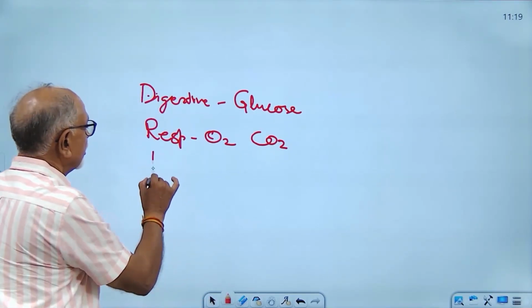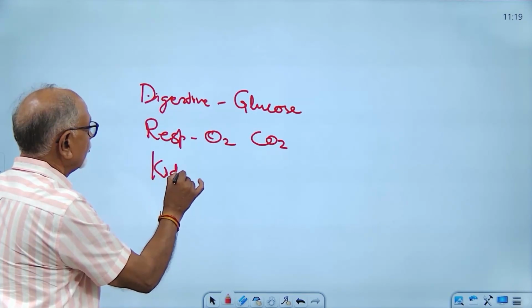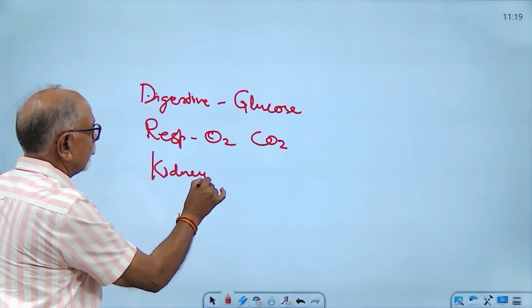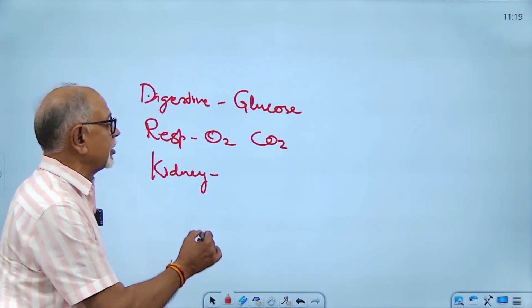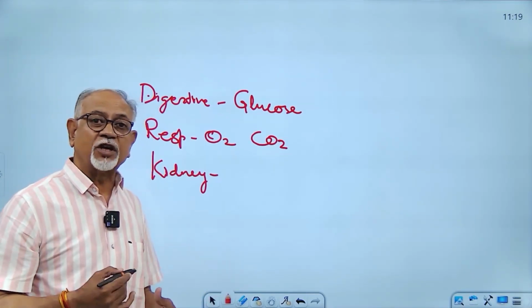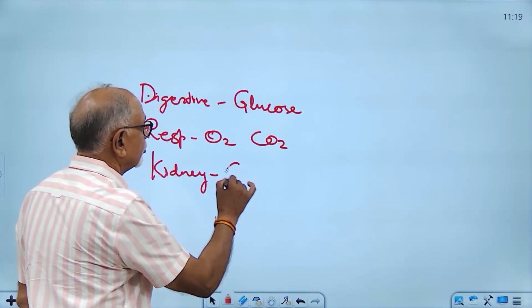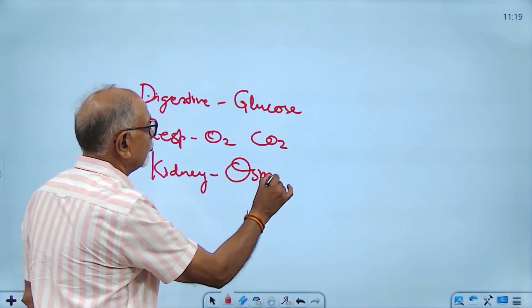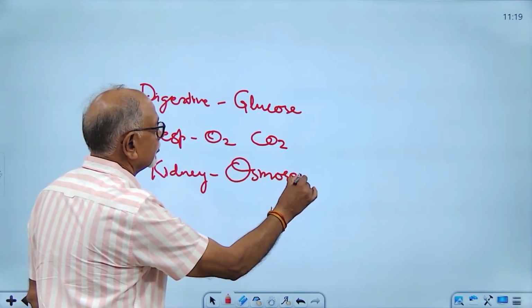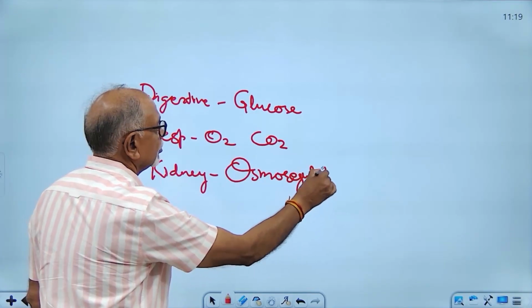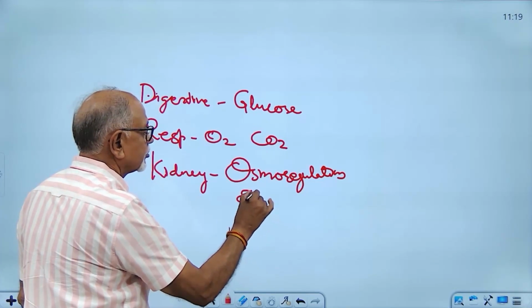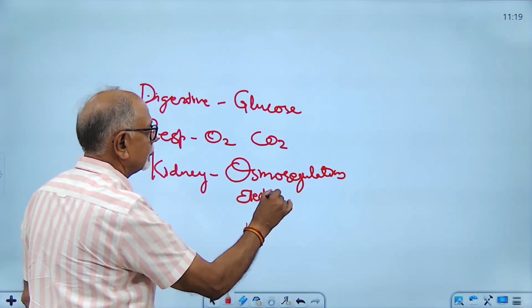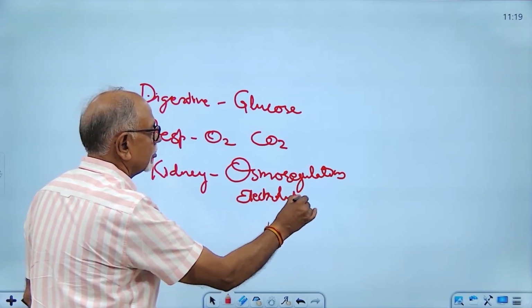Similarly, the kidney is responsible for two vital functions. One is the maintenance of water content in the body, called osmoregulation. And second is electrolyte balance.